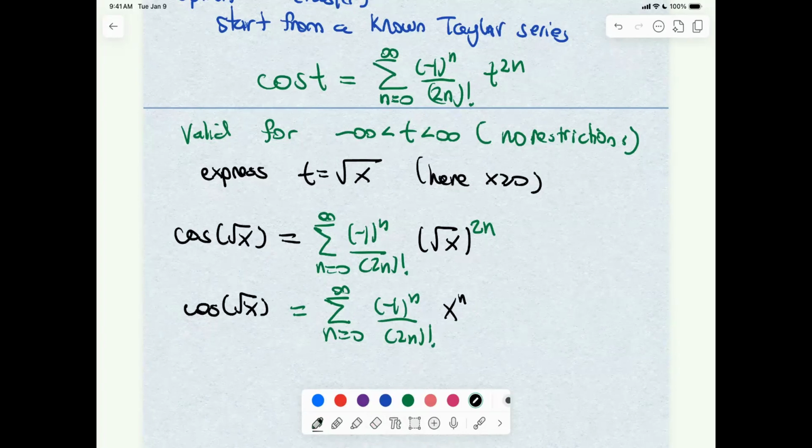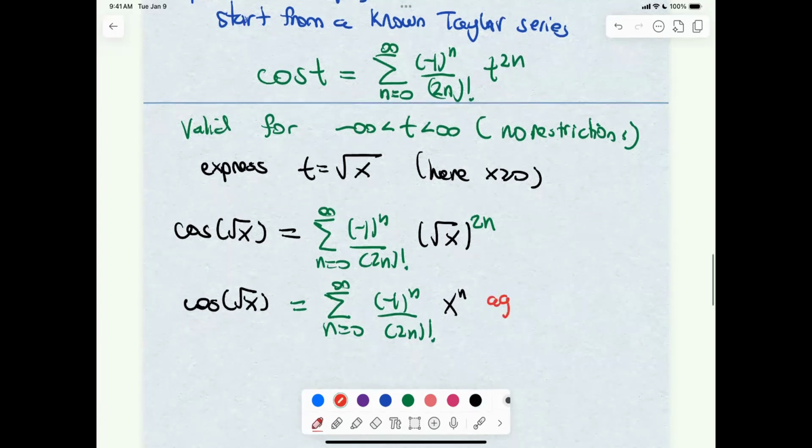And that is essential, what I'm trying to say is that this uniqueness of the Taylor series says that this is literally the same formula that you would have found if you had used the formula. This agrees with what you would have obtained if you had used this formula for the Taylor series of the function.